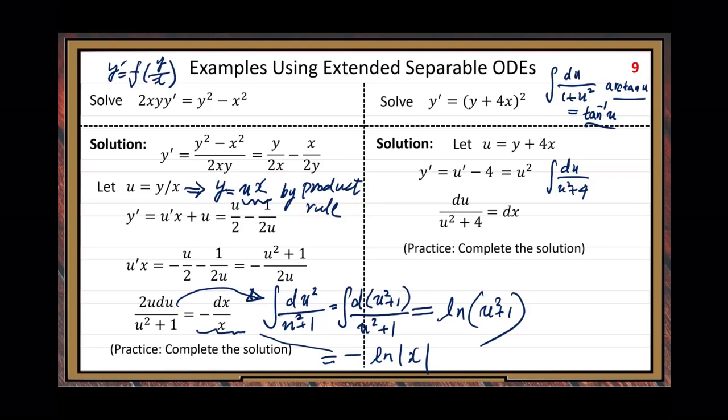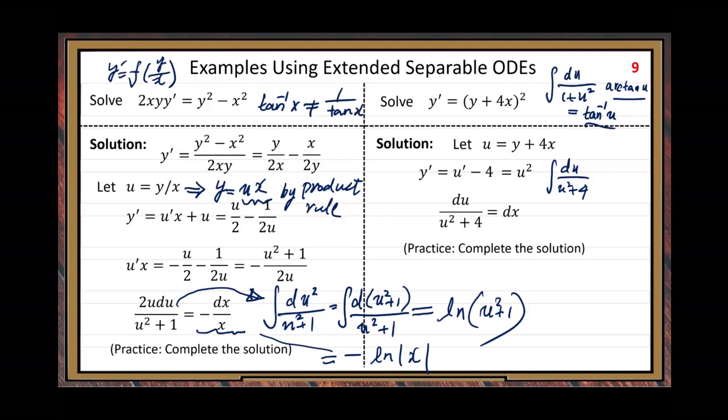I worry some of you may write tan to the power of negative one of x, thinking it is the reciprocal of tan. That would be wrong.